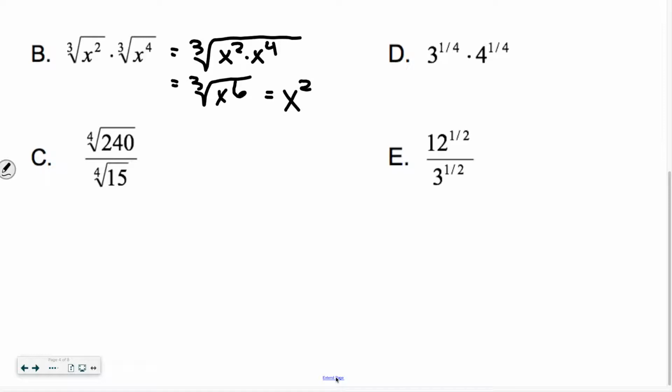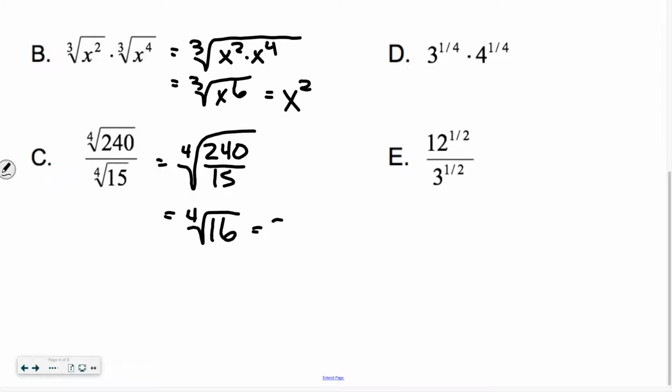But since 240 is not a perfect fourth, what I might try to do is use my property of radicals and put them underneath together. Can someone tell me what 240 divided by 15 is? 16, and the fourth root of 16 is 2. So I would have been able to simplify the fourth root of 240, and it would have canceled out with the fourth root of 15 below to leave us with just 2. Okay, but it's probably faster to divide them first in that case.